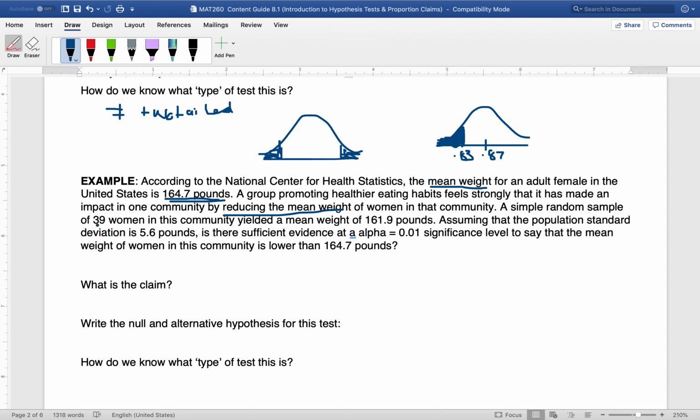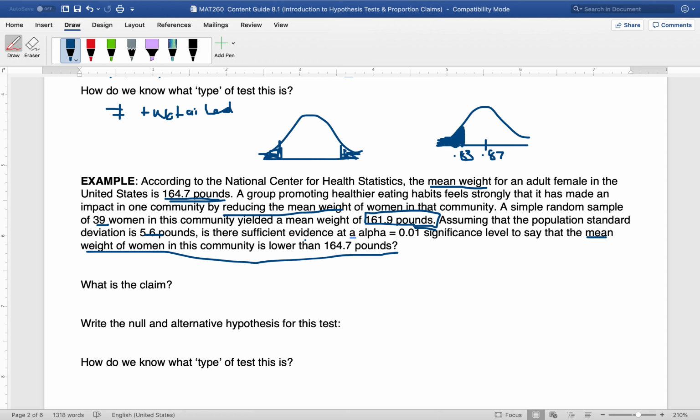And they found that in their sample of 39, their mean weight was 161.9. So we want to know if we can actually say that the mean weight of women in this community is lower than 164.7 pounds based on their sample getting a mean of 161.9.